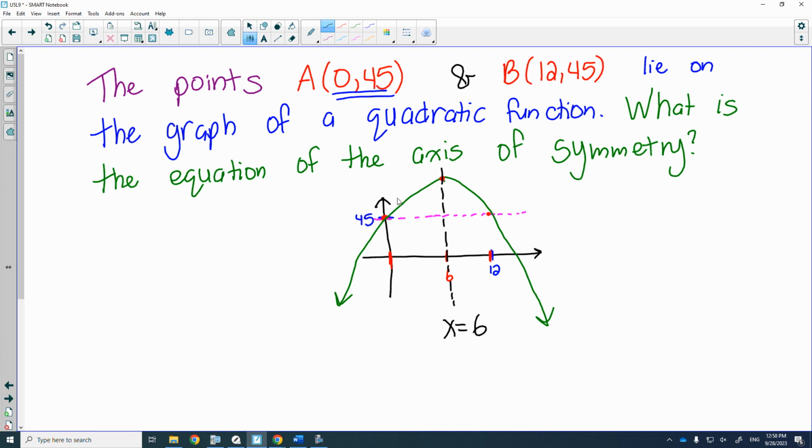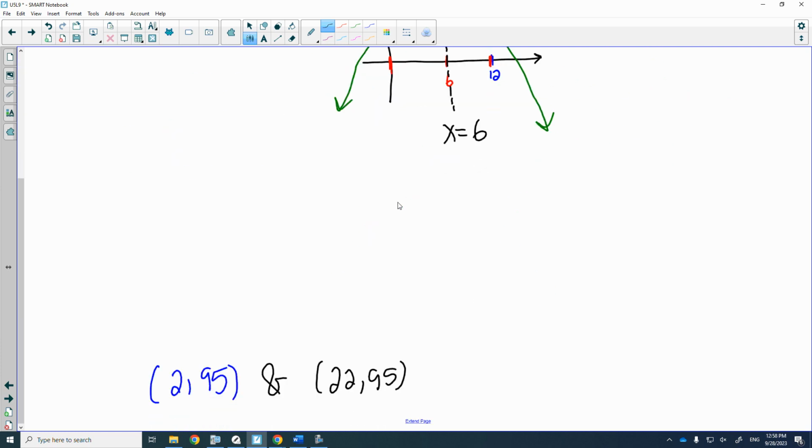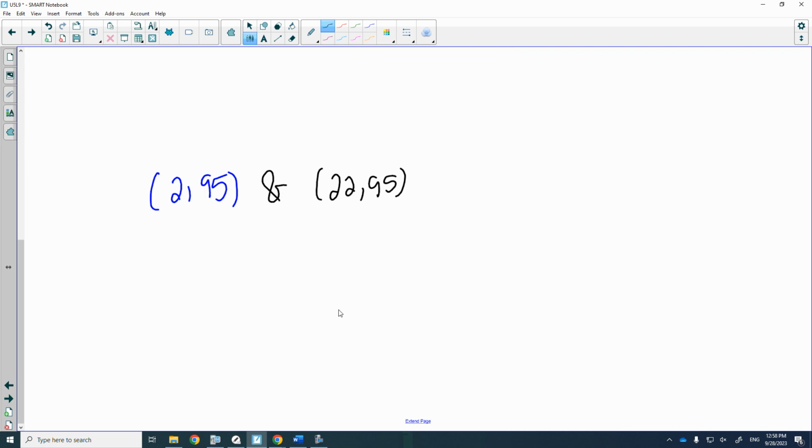Now, what if I gave you coordinates like this one? So just write these 2 coordinates down. 2, 95 and 22, 95. Raise your hand if you know what the equation of the axis of symmetry of these 2 points would be, and then I'll show you the math. Like the other one was really easy to see because you know halfway between 0 and 12 is 6.